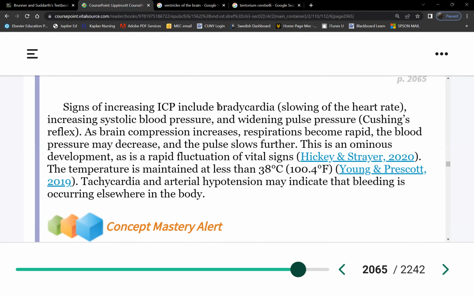Will it say increased systolic blood pressure or an actual blood pressure? What is pulse pressure? The difference between the systolic and diastolic pressure. So show me an example of increasing systolic blood pressure with wide pulse pressure. 180 over 7. That's very wide, extremely wide, because the normal pulse pressure is what? 40, correct?